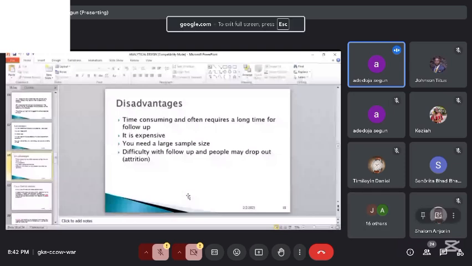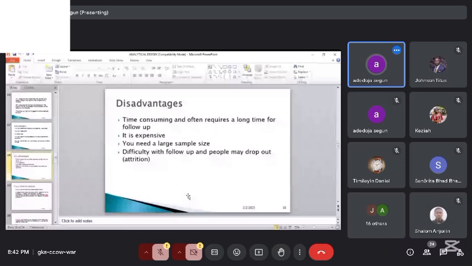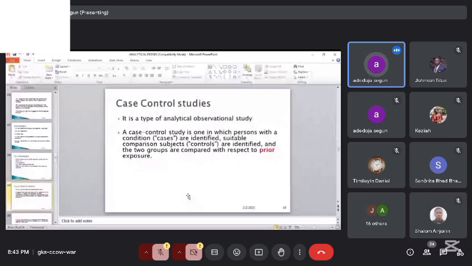The next type of analytical study that we are looking at is the case control study. It is a type of analytical observational study in which cases and controls are identified, and the two groups are compared with respect to the primary exposure.